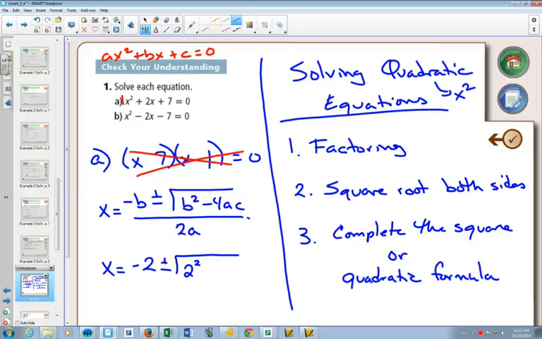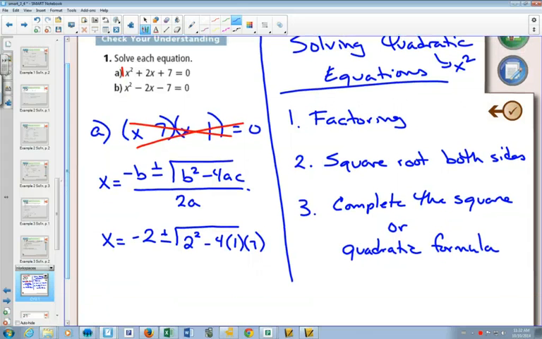When you do it on your calculator, you do once positive and once negative to find both answers. 2 squared minus 4. Instead of a, we would put a 1. Instead of c, we'd put 7. Over 2 times 1.